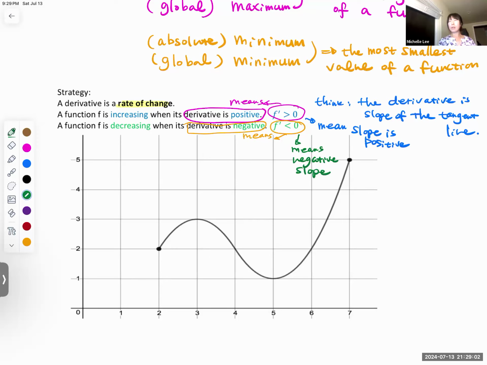Okay, then let's take a look here. This part, we have f prime greater than 0, right? The derivative is positive, which means that f is increasing.